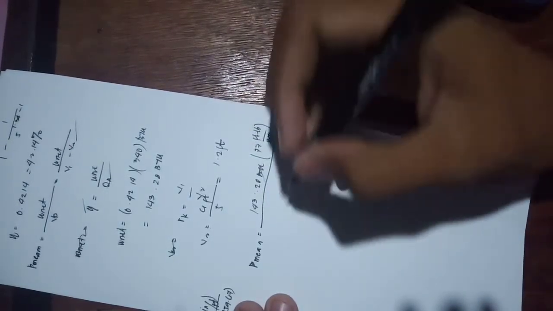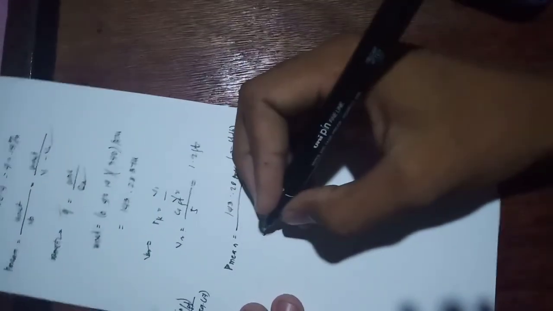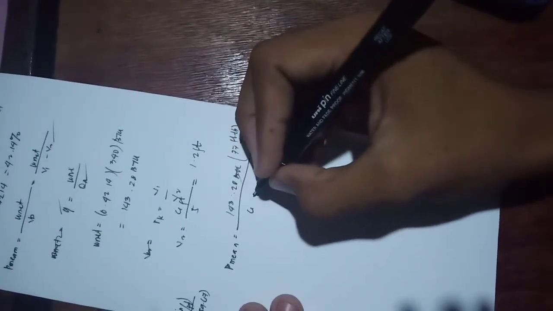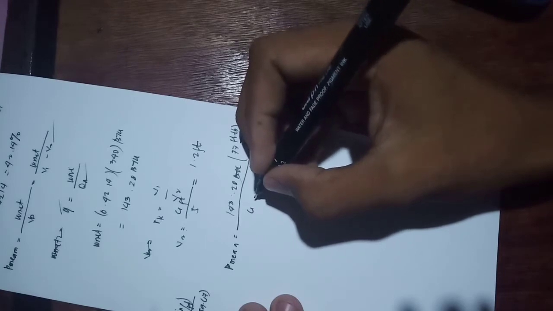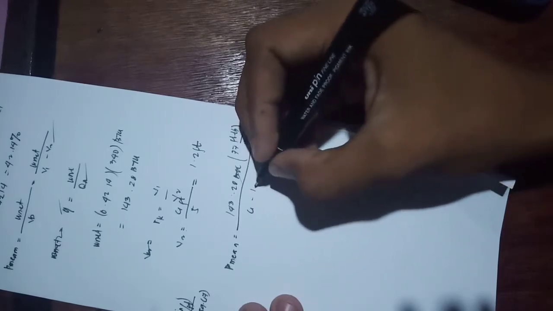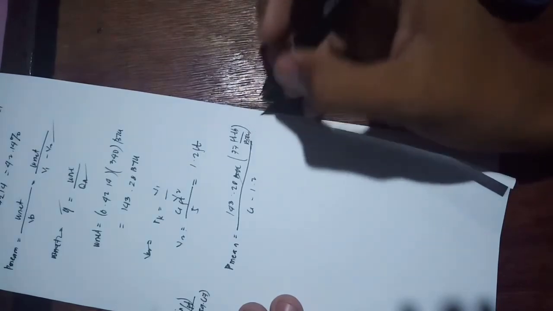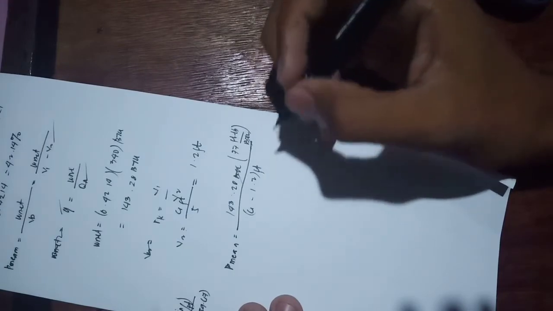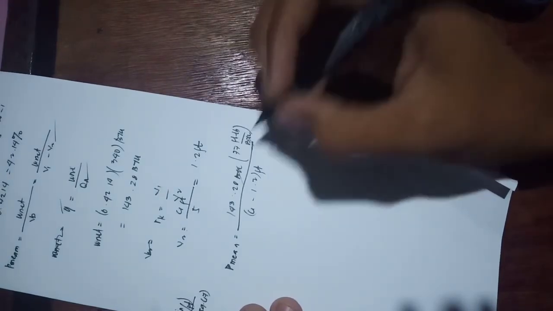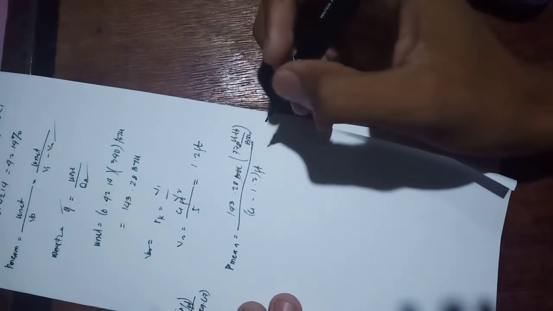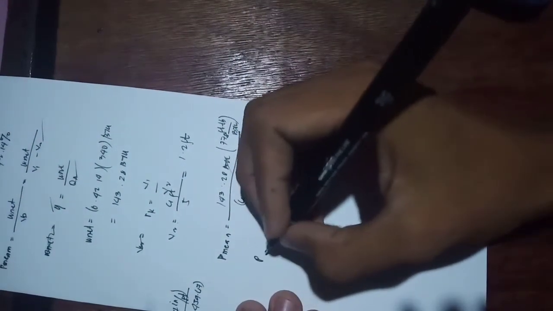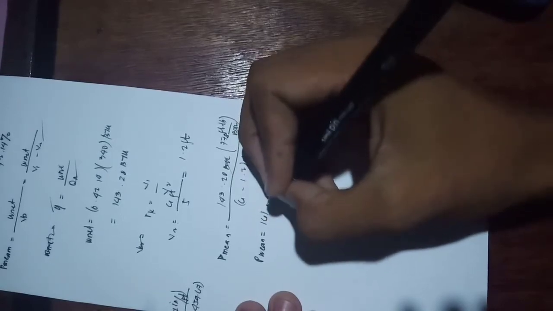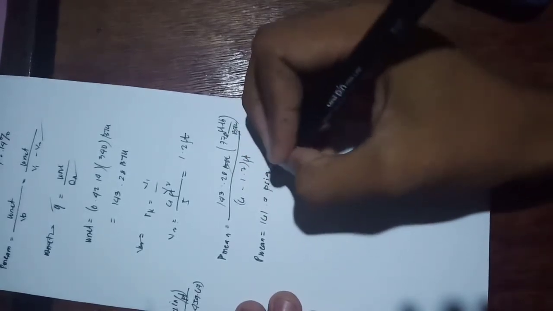So let's cancel the BTU, and for V2 we have 6 minus 1.2. So this is cubic feet. Solving, we can get the mean effective pressure is equal to 161.3 psia.